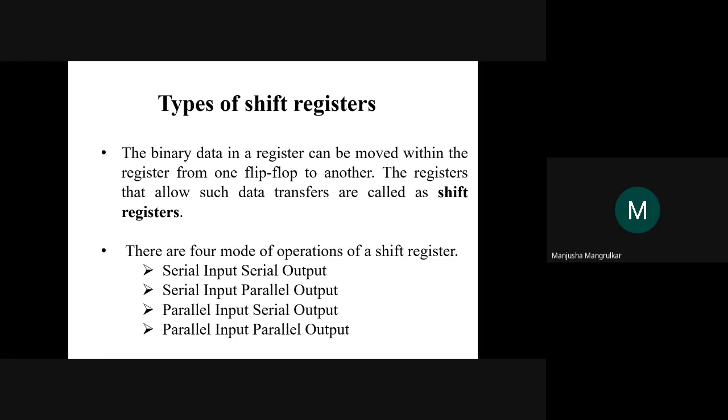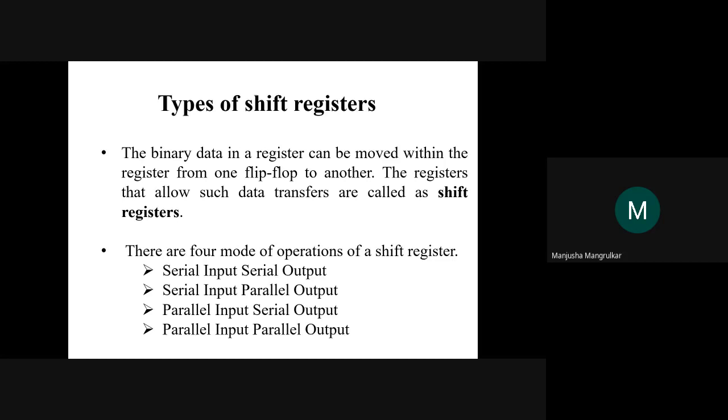The second form is serial in, parallel out. At one clock pulse, all the data is out. That is SIPO. The data goes in serially, but when it comes out, it is parallel, at the same clock pulse.